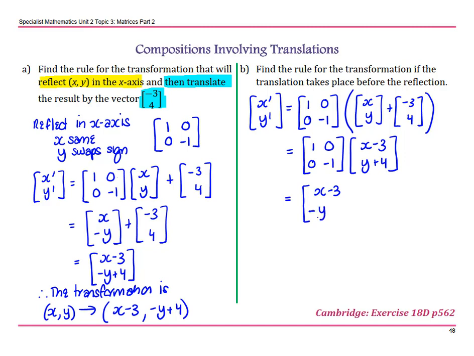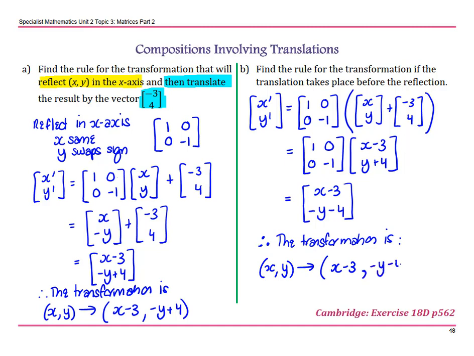So it's going to be -y - 4. So therefore, the transformation is our (x, y) maps onto (x - 3, -y - 4).